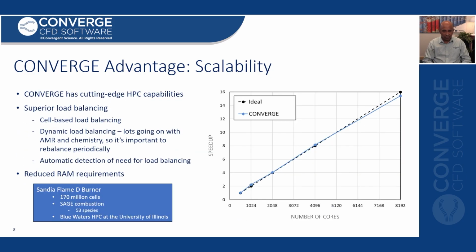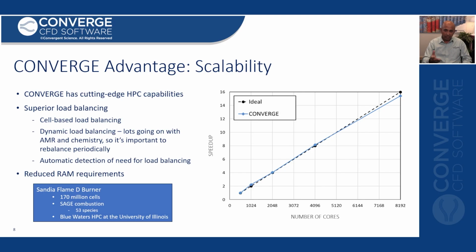Now let's talk about scalability. That's another advantage of Converge. It has cutting-edge HPC capabilities. We do cell-based load balancing, so when you run on hundreds or thousands of cores, your load balancing still stays really good. And we do dynamic load balancing. As a simulation is running, we are load balancing periodically.